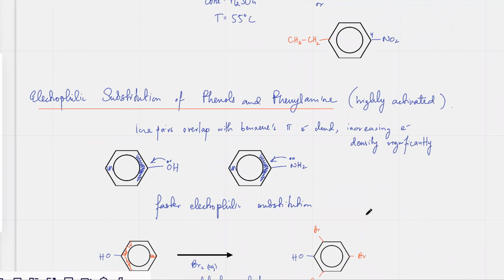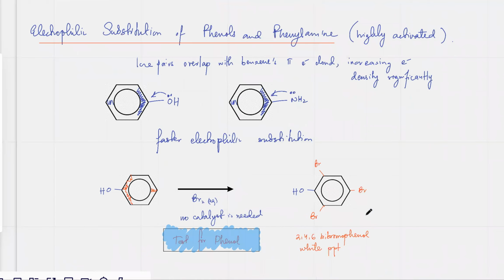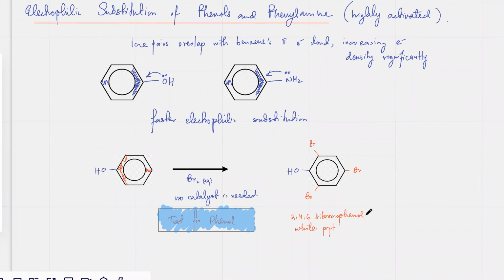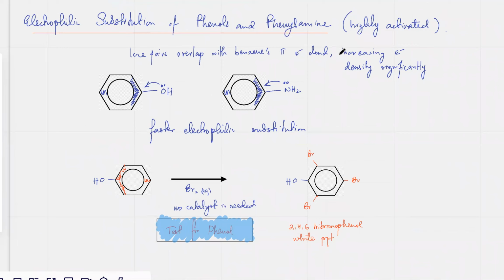But when it comes to electrophilic substitution of phenols, the lone pairs of oxygen overlap with the benzene pi electron cloud, increasing electron density significantly. So in this case, the electron density is significantly higher now, and there's a much faster electrophilic substitution reaction.